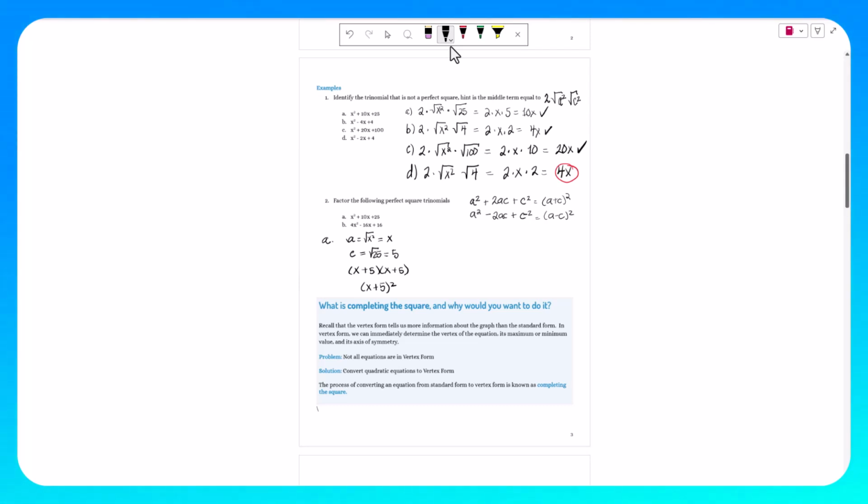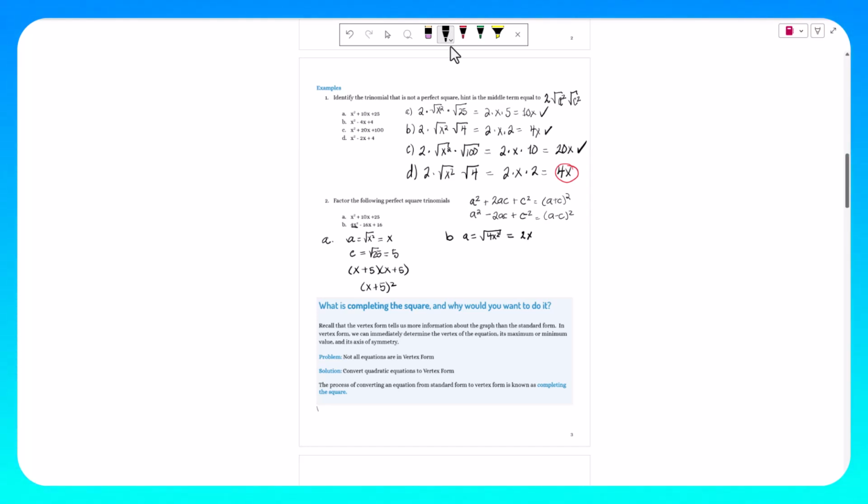Now for B, notice we have a 4 in the front. Don't get worried about that, because remember our A is still going to be the square root of the first term. And remember our exponent laws, when we have a coefficient in front, we take the square root of the coefficient, in other words, the square root of 4, which is 2, and the square root of the variable, which is the square root of x squared, which is x.